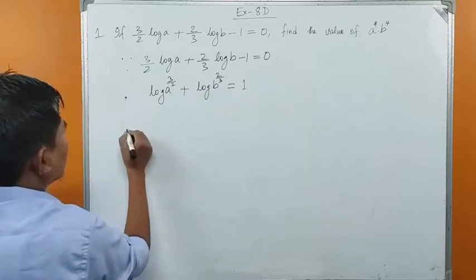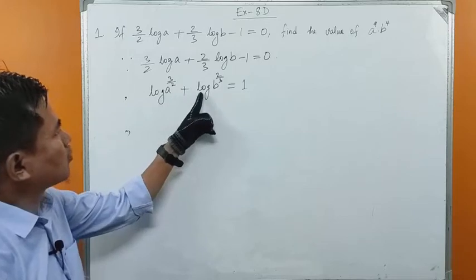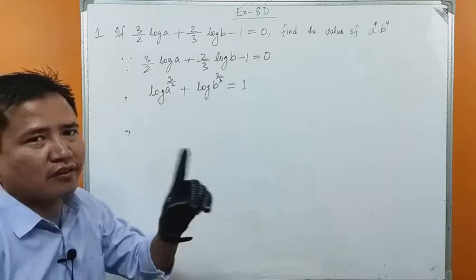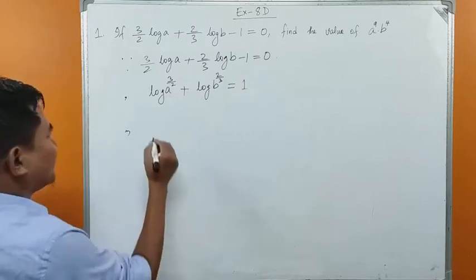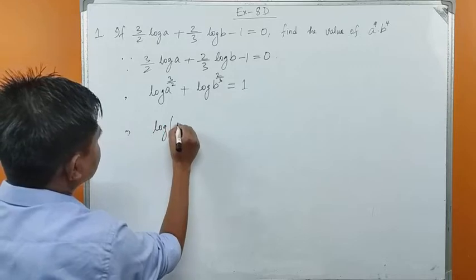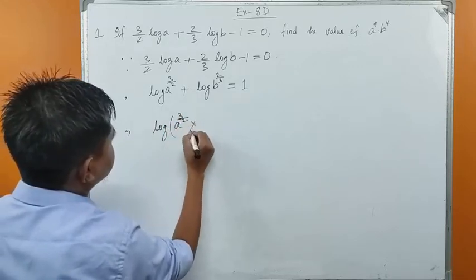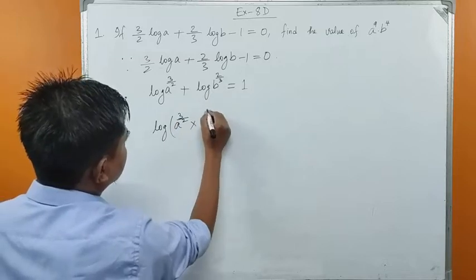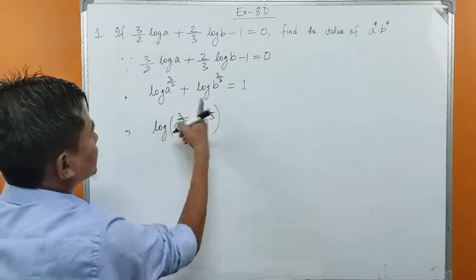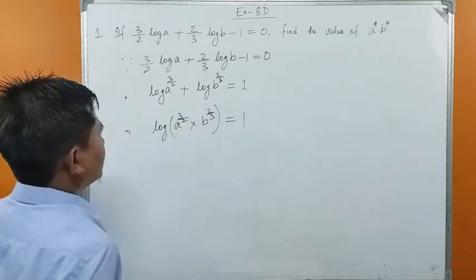Okay, now we have log a plus log b, isn't it? So log a plus log b is log a into b. So log a into b, where a is a to the power 3 upon 2 and b is b to the power 2 upon 3, equals 1.